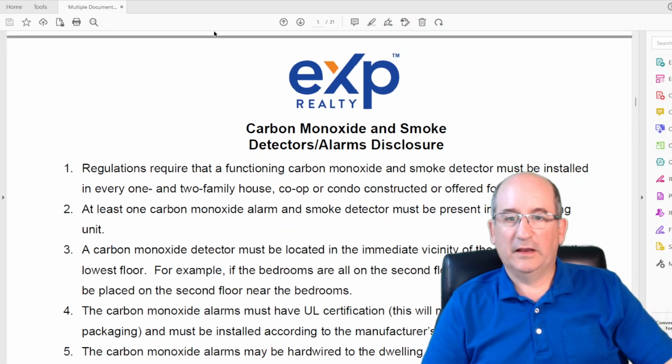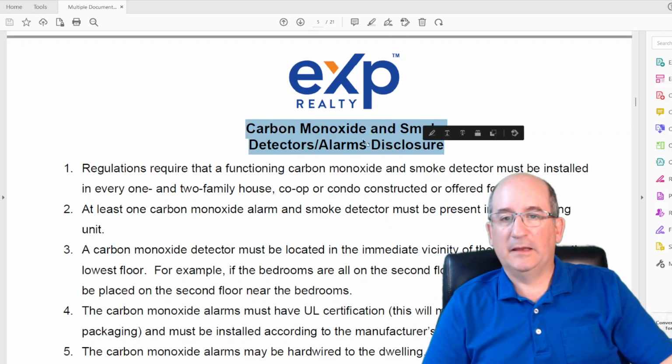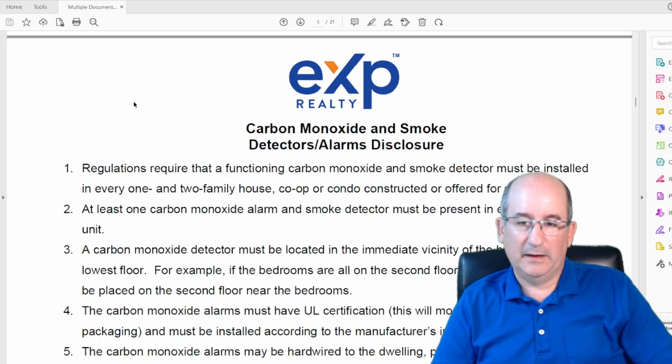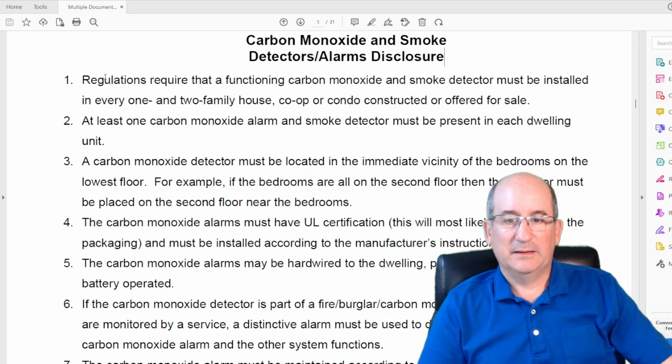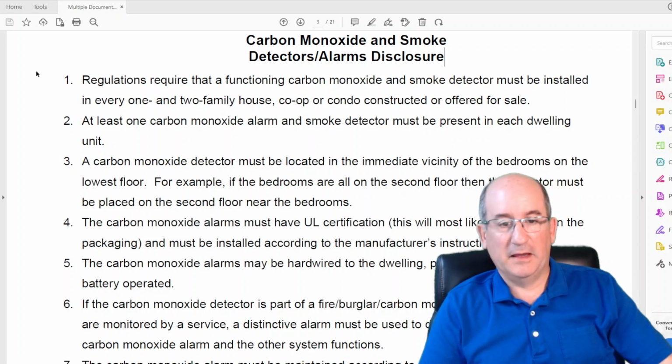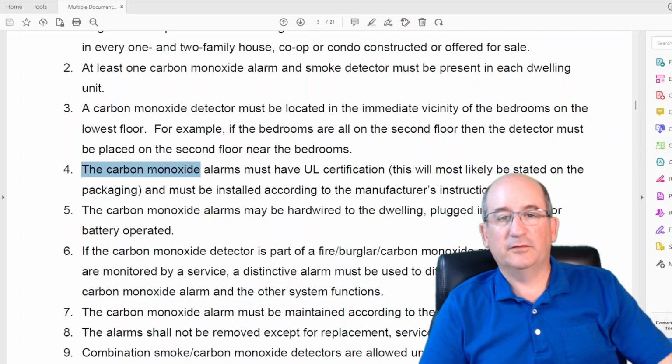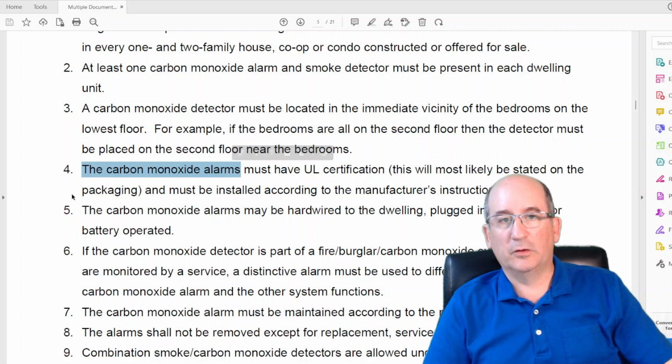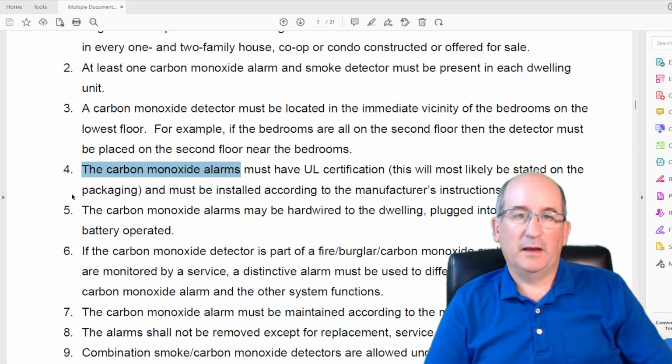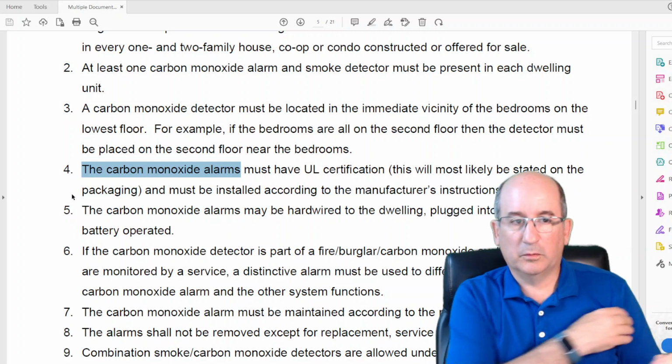Okay, so this next form in the listing packet is the carbon monoxide and smoke detector alarm disclosure. And that one basically says you've got to have those in the house. The only thing is, carbon monoxide alarms are not required if you have no combustibles.